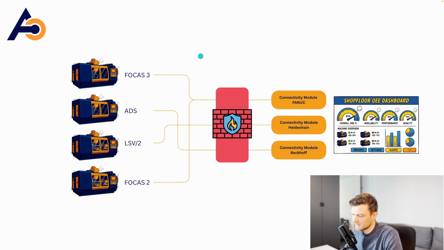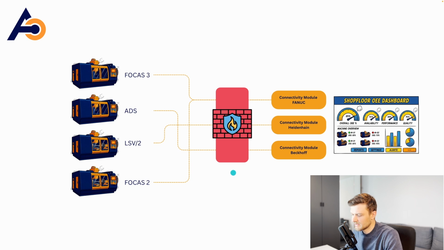But if we look at the rest of the integration back here, then you are missing out on some important points if you stay with the native protocol. First of all, your OEE dashboard solution needs to manage all the different protocols that your machines are talking. This can get quite complex because you need a new connectivity module for each new machine type, CNC type, whatever you are getting.